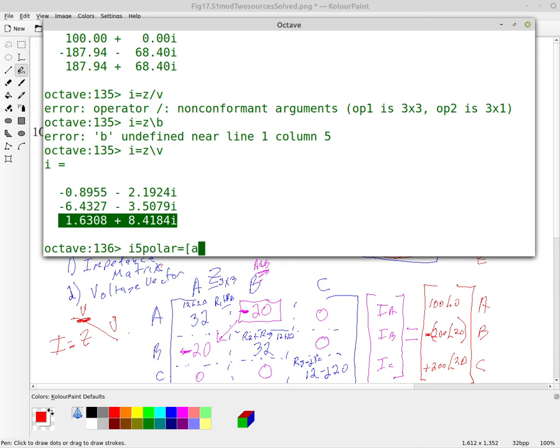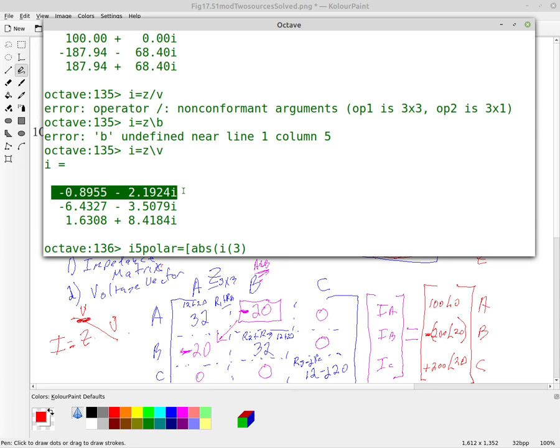I'm going to use the absolute value function built into the software to basically apply Pythagorean's theorem and calculate the magnitude of the phasor. But I just want the third value. Here's my first value. Remember, it's rectangular, so it has a real and imaginary part. What I'm looking for is the third value, the bottom one.